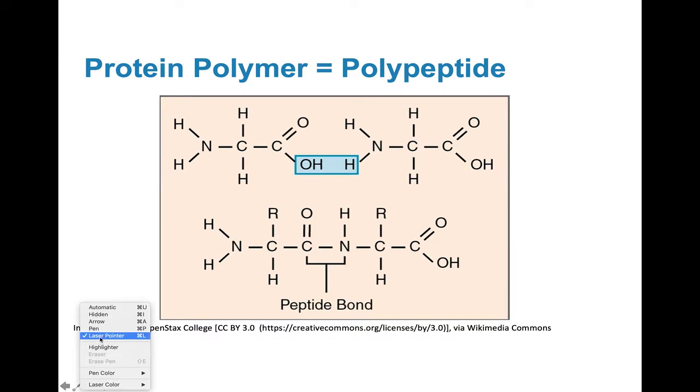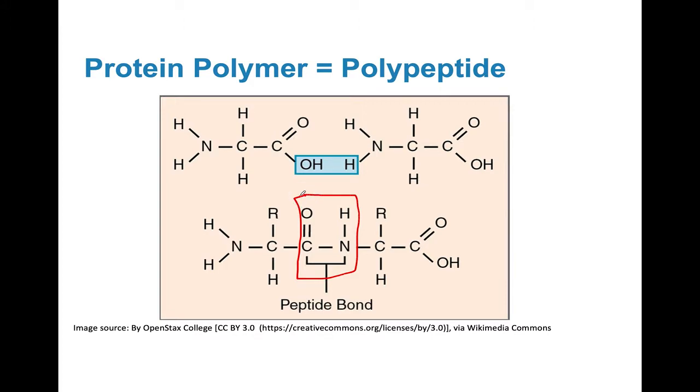So which part of this would be considered a peptide bond? This is it. That's the peptide bond. A peptide bond involves a carbonyl functional group and an amino functional group.